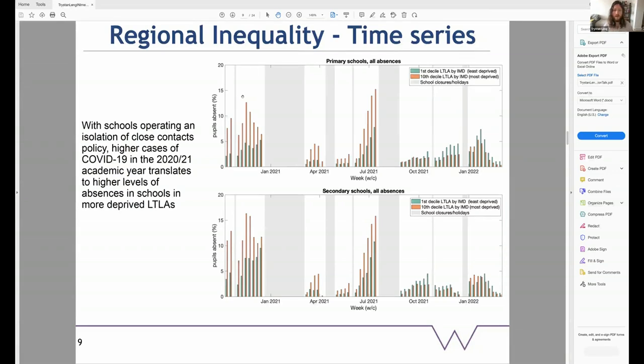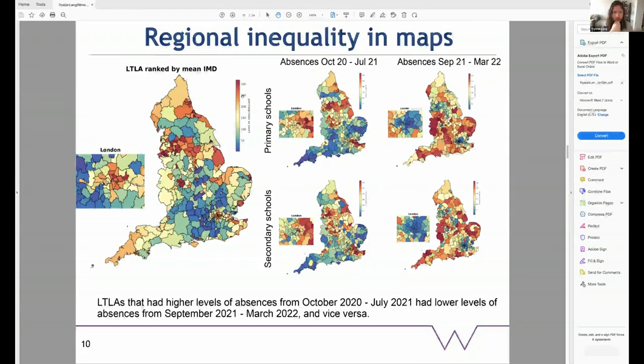Here I'm looking at the regional variation in cases. On the left is the map I've shown before of LTLAs ranked by the mean index of multiple deprivation. In the center, I've ranked LTLAs by the mean number of absences in that LTLA across the 2020-21 academic year.